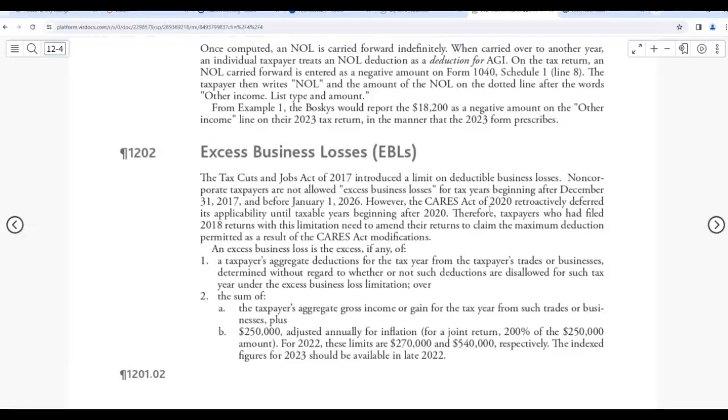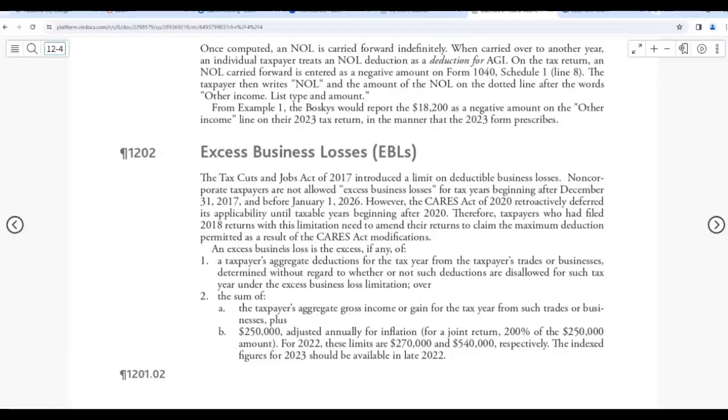However, the CARES Act of 2020, that's when the Biden era came, retroactively deferred its applicability until taxable years beginning after 2020. Therefore, taxpayers who have filed 2018 returns with these limitations need to amend their returns to claim the maximum deduction permitted as a result of the CARES Act.